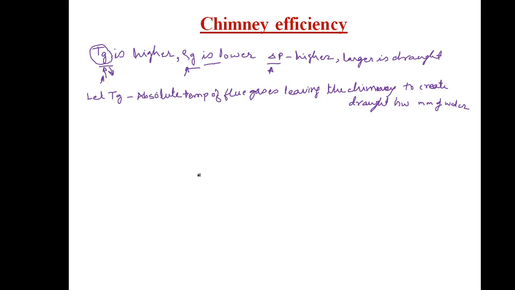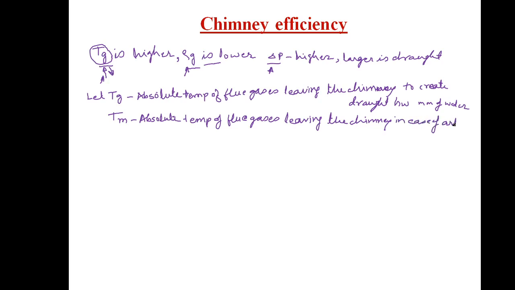That depends. Then, say for example, instead of using a natural draught, if we are using artificial draught, then the temperature of gases which are passed into the atmosphere using artificial draught, the absolute temperature of flue gases leaving chimney in case of artificial draught is Tm, say.